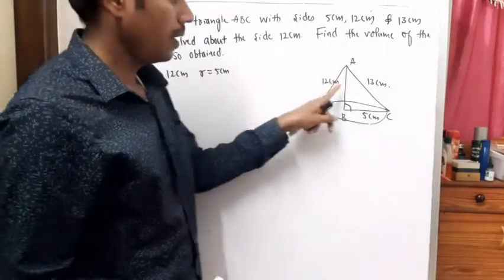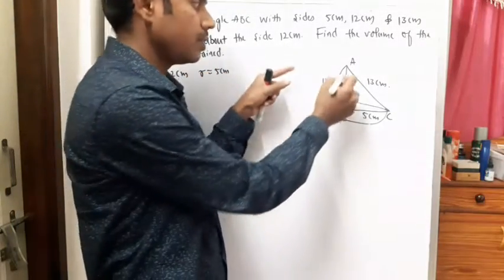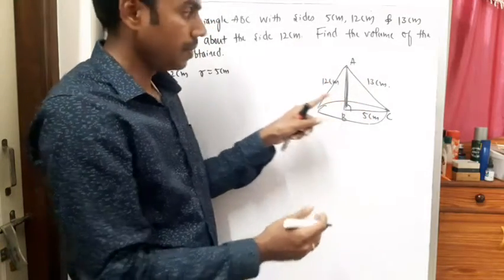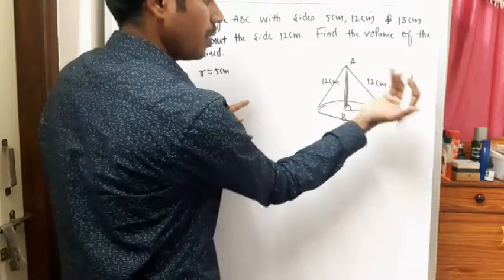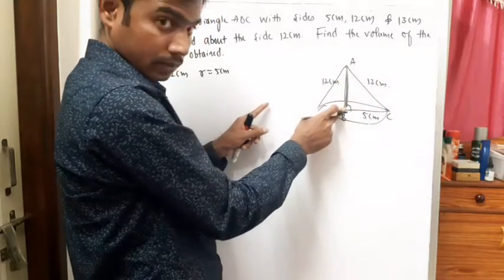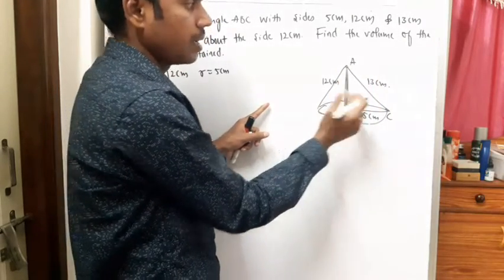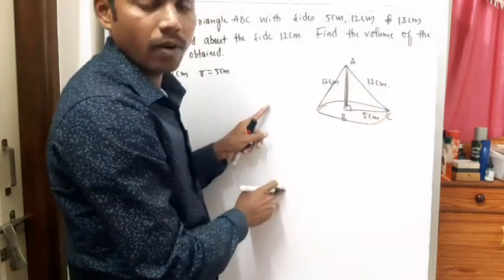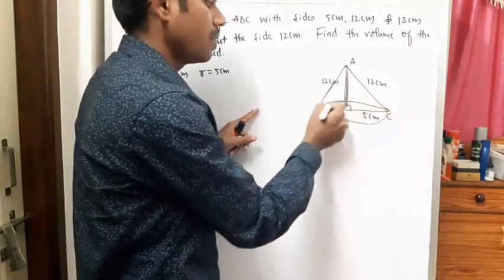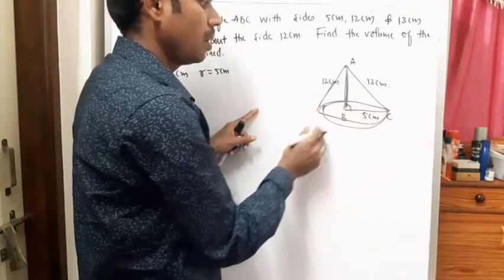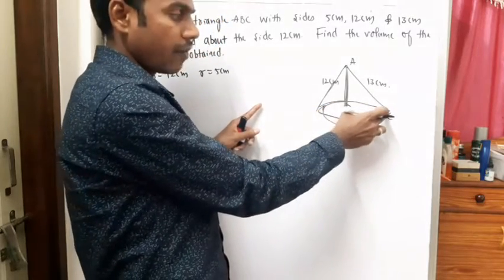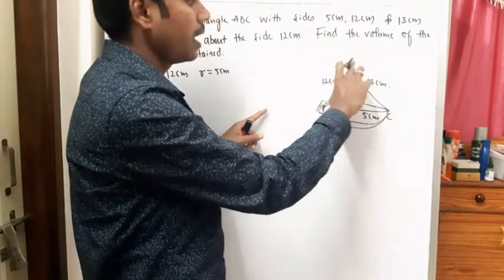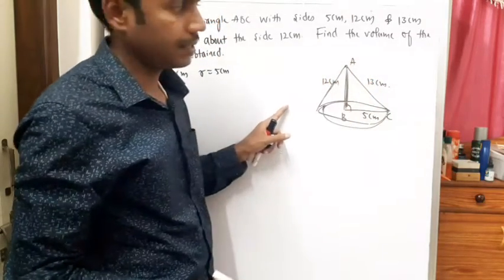See, if this revolves around, this will be the axis of rotation, and if it is made to rotate about this particular side, once it makes a rotation, it will take a conical form. So after rotation, you will get a cone. 5 centimeter will become the base radius, and this will become the height.